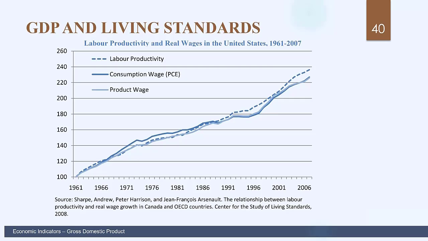Also, the level of the real wage is basically a measure of how much we can actually buy, or our purchasing power. And clearly here in the diagram, you see that the relationship between labor productivity and real wage growth is very highly correlated. So that's a positive relationship. Clearly there is a very high correlation between labor productivity and measures of the real wage.